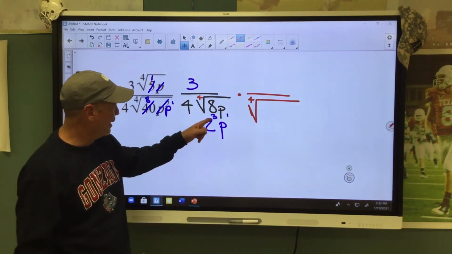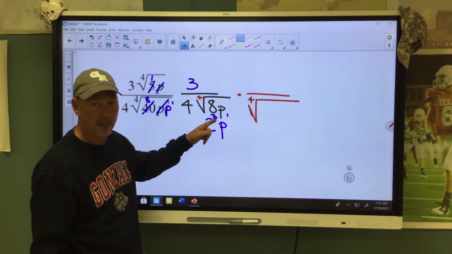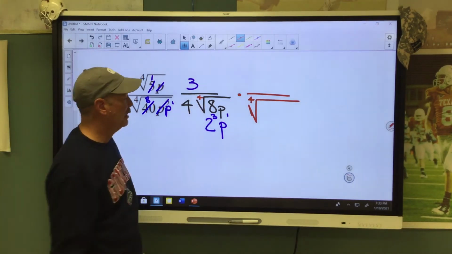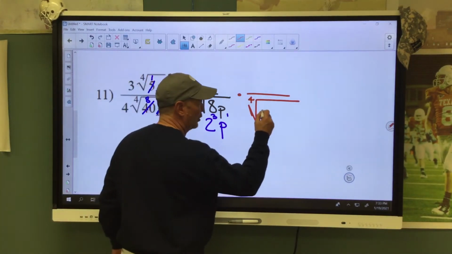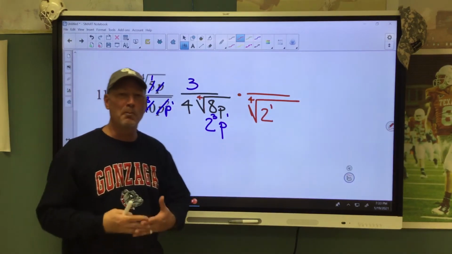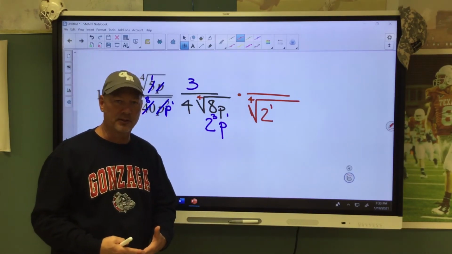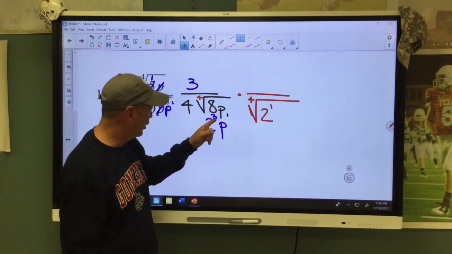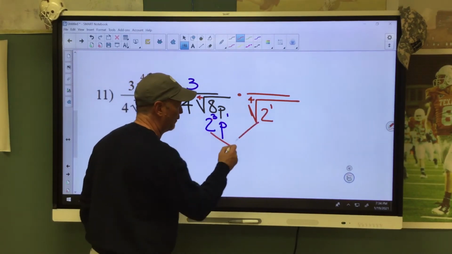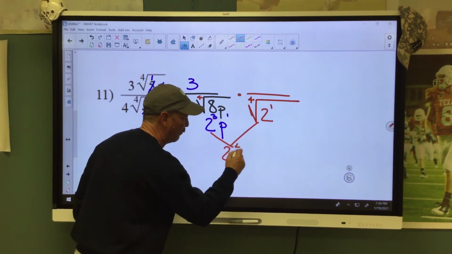I'm at 2 to the third power, but I need to get it to the fourth power, the fourth root. So if I multiply times 2 to the first, when you multiply, you add exponents. 2 to the third times 2 to the first is going to give me 2 to the fourth right there.